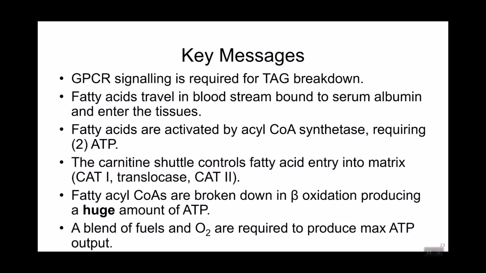The carnitine shuttle then controls whether or not the acyl chains are imported into the mitochondrial matrix, and this will use 2 acyl transferases and a translocase. And then beta oxidation, along with the citric acid cycle and oxidative phosphorylation, can generate a ton of ATP, provided we do have a blend of carbohydrates and fatty acids being broken down, as well as the availability of oxygen for the electron transport chain.